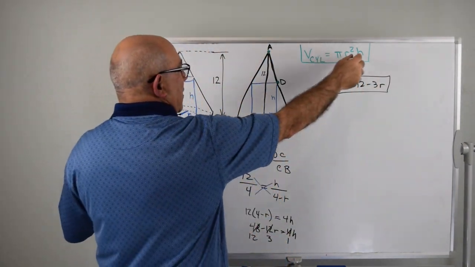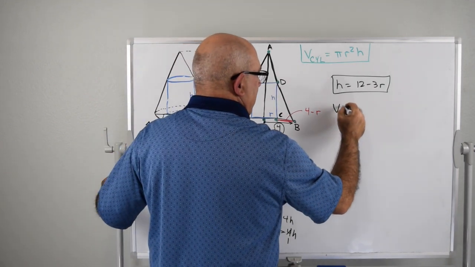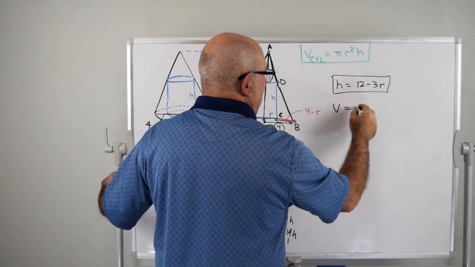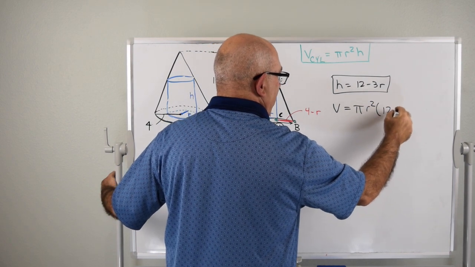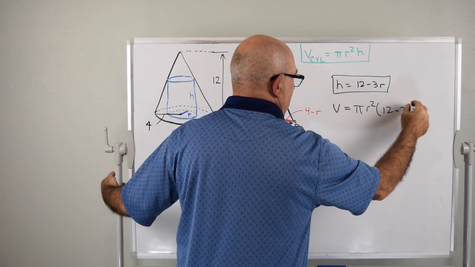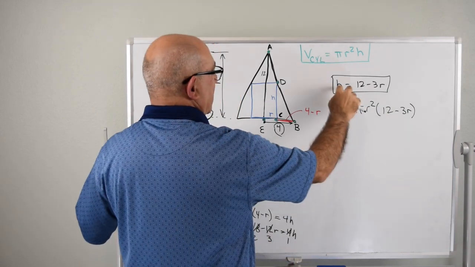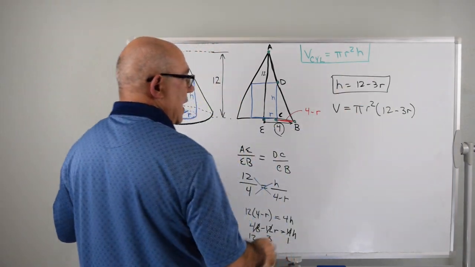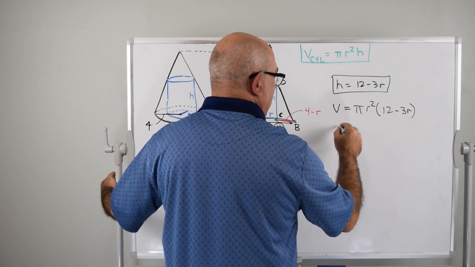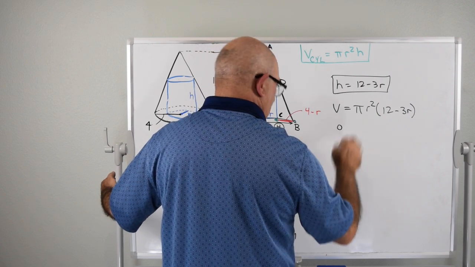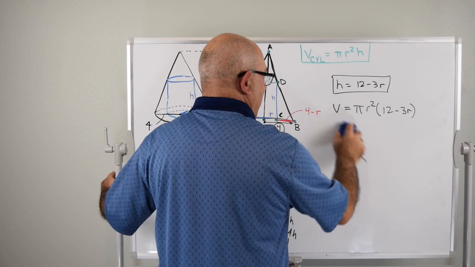Now let's use that in this formula. So the volume is going to equal pi times r squared times 12 minus 3r. That's basically substituting h in terms of r. Now we can take the derivative of that.